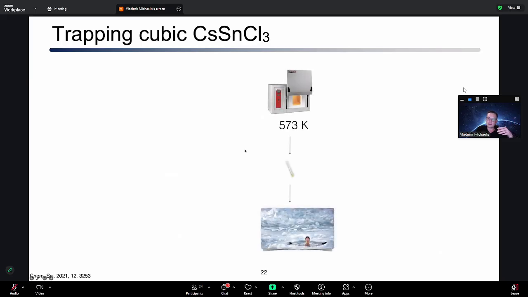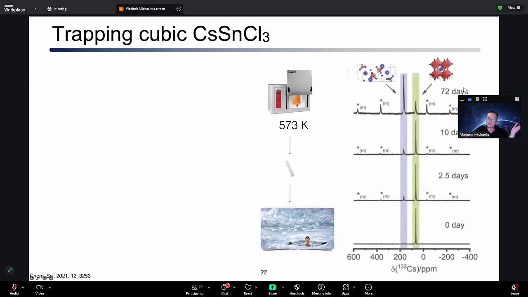What we did, we took a little bit of an idea of what Canadians often call the polar plunge. The idea behind this is if you take the perovskite and you heat it up to about 573 K, and then you cool it rapidly, you're quenching the structure. You're not melting it, you're not creating a glass, but you just quench the material quickly at high temperature. You can basically trap a metastable phase of this cubic phase right here.